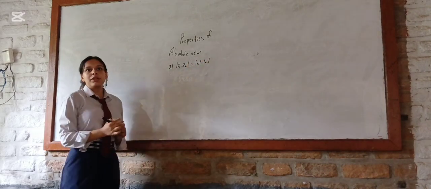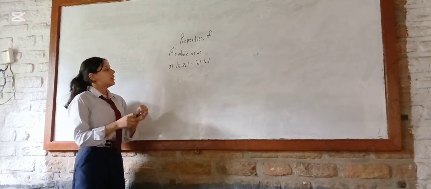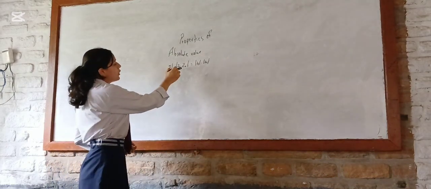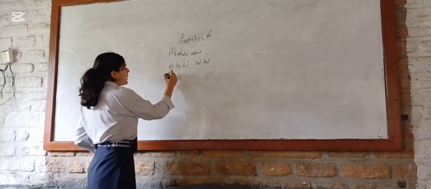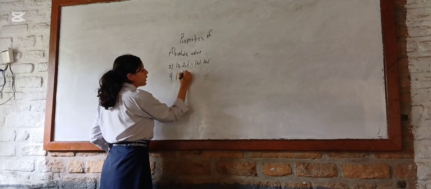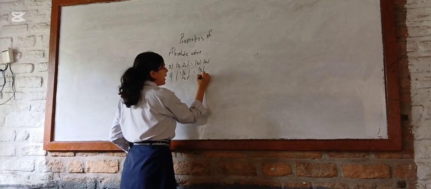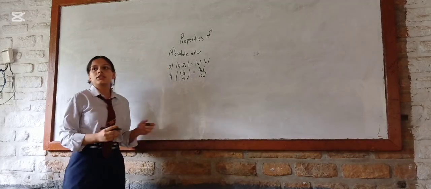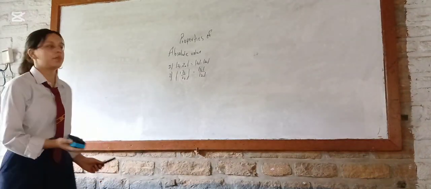Now the first property is that for any complex numbers z1 and z2, the absolute value of their product is equal to the product of their absolute values. Similarly, the second property is that the absolute value of their quotient is equal to the quotient of their absolute values. The other properties Samskriti will be explaining, so I will get into the questions that will be asked from the absolute value.